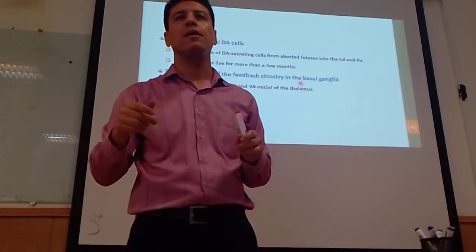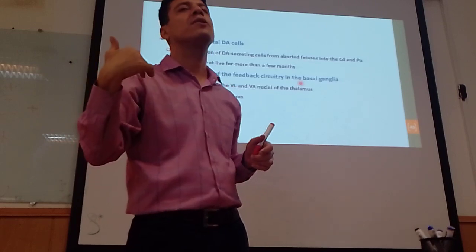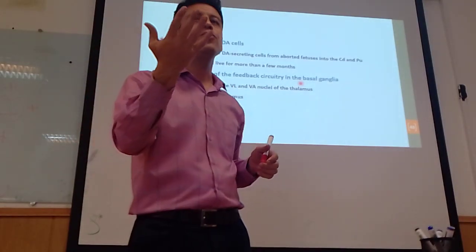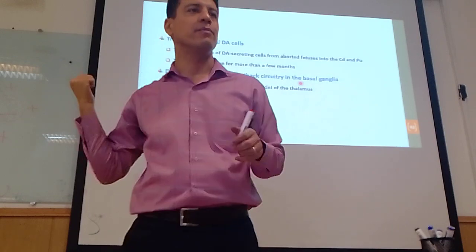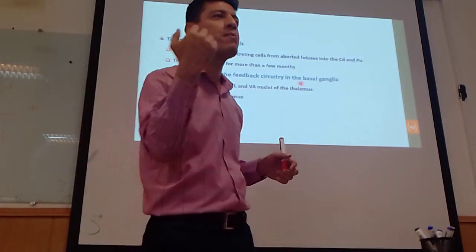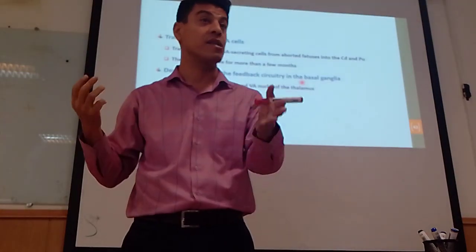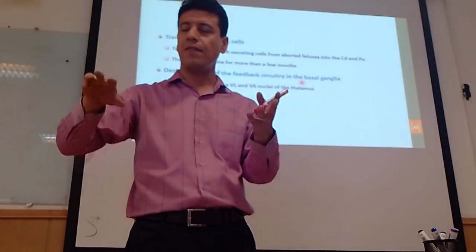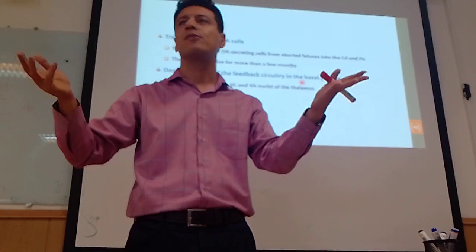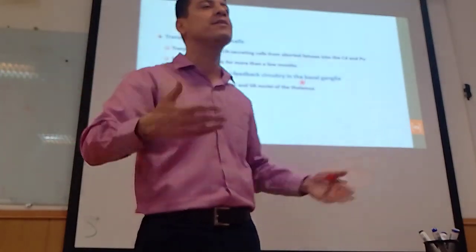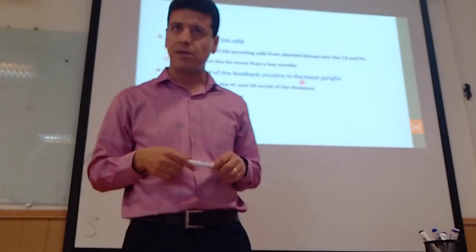For example, in patients with Parkinson's disease, usually globus pallidus is removed. Sometimes substantia nigra, subthalamic nucleus is removed by the surgery, I mean. Okay, the whole circuit is changed, so the result is some improvement in the activity of the patient.